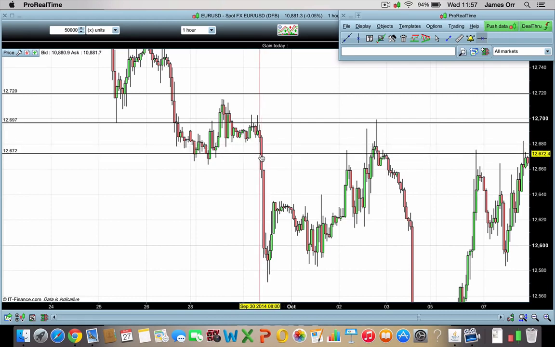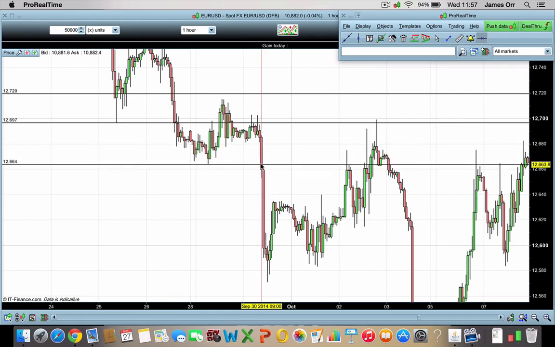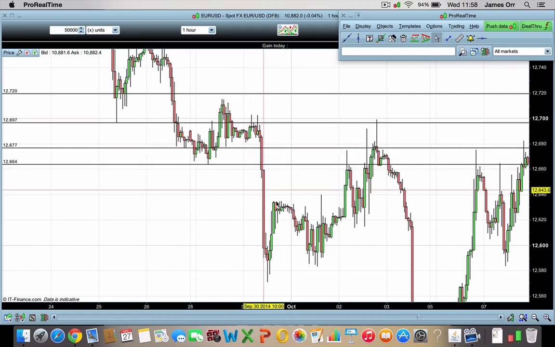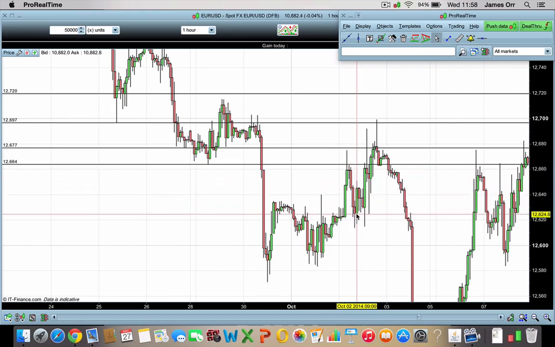Market falls away again, you can see right here. Market comes down, market comes up, retests. It doesn't manage to make a lower low, but it has made a lower high.